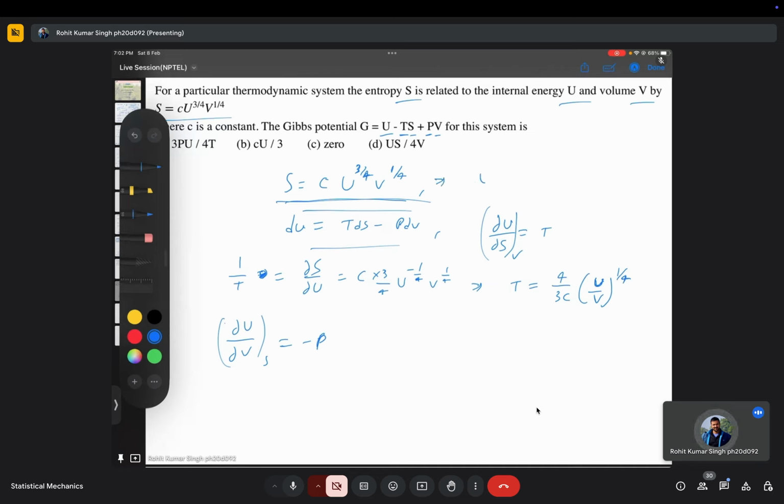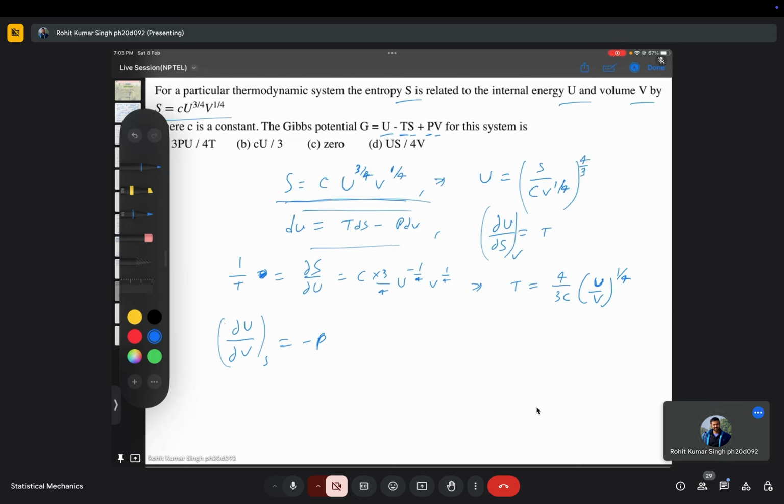We have U is equal to S by C V to the 1 by 4, whole to the power 4 by 3.